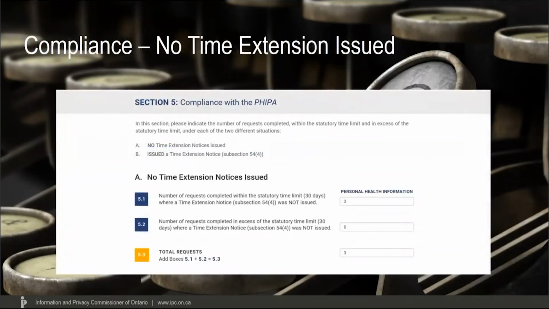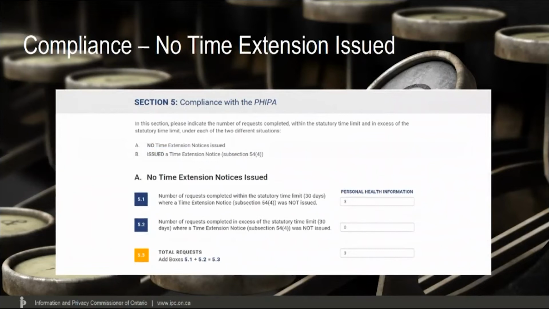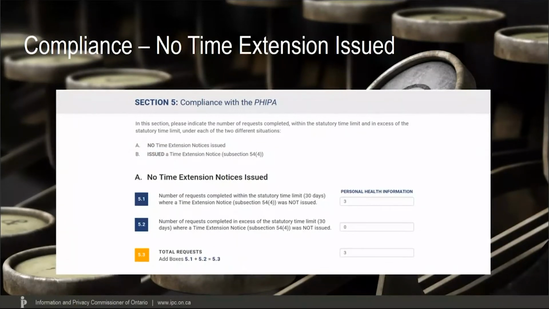So we'll give you an example here, Section 5. Section 5 provides a further breakdown of the total number of completed requests, specifically along 2 different sections. Sections A and B are used to determine the number of requests completed that are in compliance or not in compliance with the statutory timelines. Okay, so let's take one section at a time.